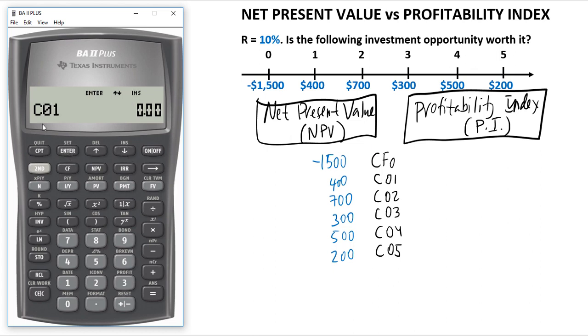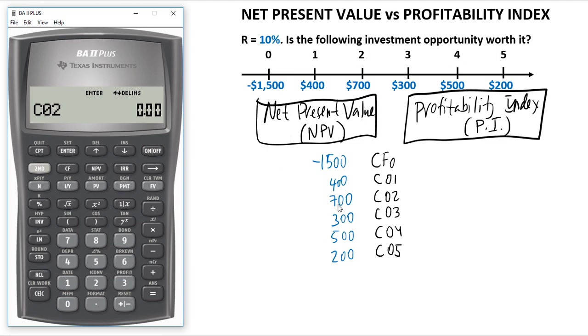Down arrow key, cash flow 01, that's 400. I keep the sign as positive because this is the money we get back, a cash inflow. Enter. Down. Frequency, how many times in a row do we have 400? Only once, and that will be the case with the rest of the cash flows too. I keep the frequency at 1 and I press the down arrow key again.